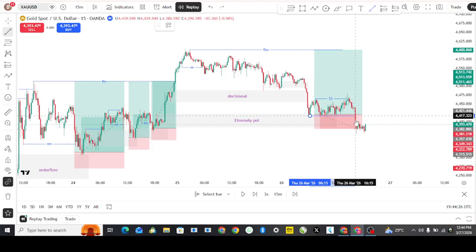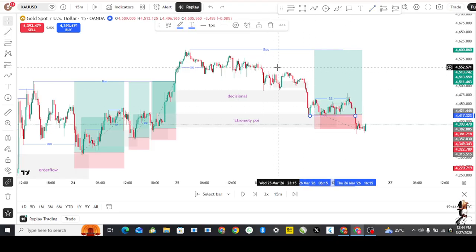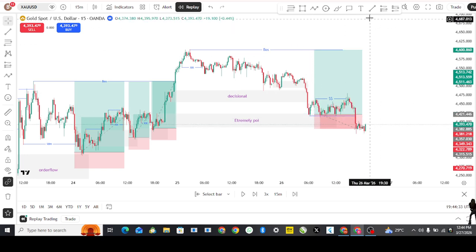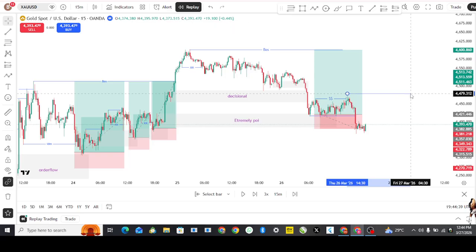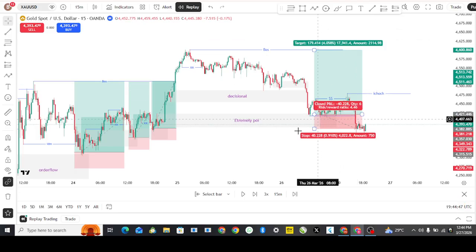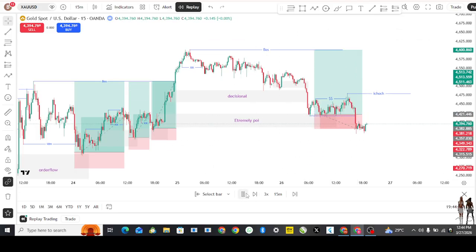See that the market is making lower high, lower low, and we have a close. For us to think of a buy, I need to see a close above this high. A close above this high will be my high chop, then the market is ready to go up. Let's see what will happen.